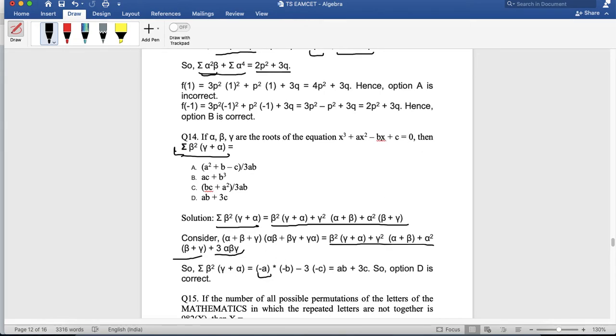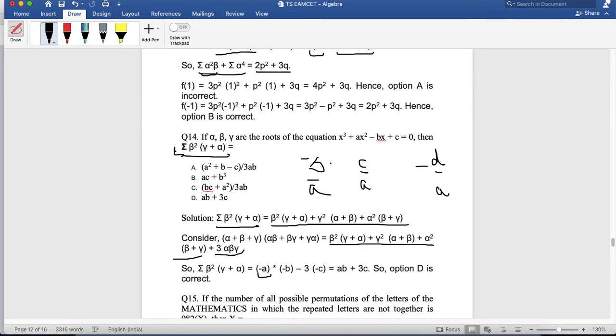Alpha beta gamma. So alpha plus beta plus gamma is minus a, and then minus b, and then minus c. You know that minus b by a, c by a, and minus d by a are the values that I'm talking about.